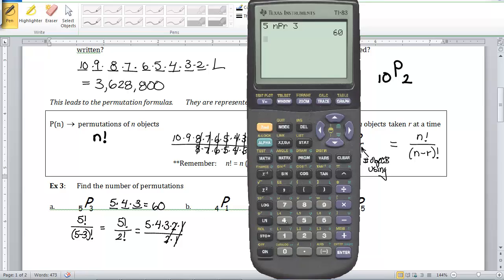So on B, we could just do 4, the math key, scroll over to probability. Second option is nPr, taken 1 at a time, and get a value of 4.